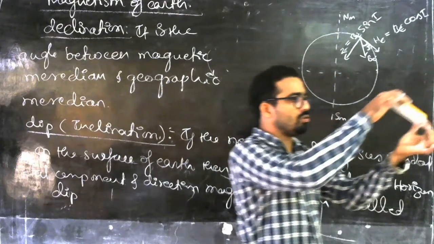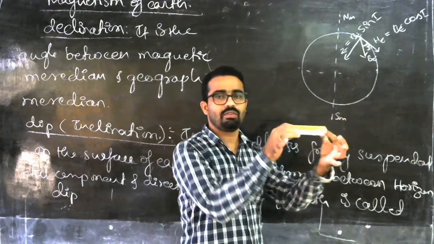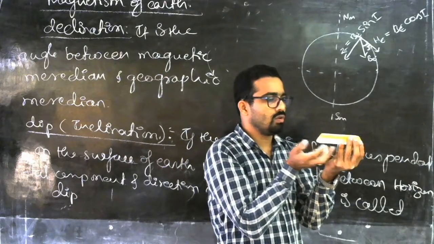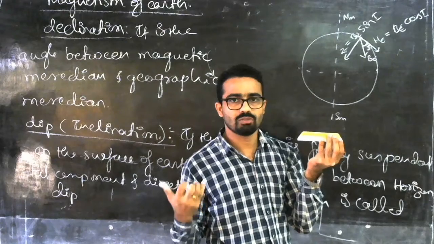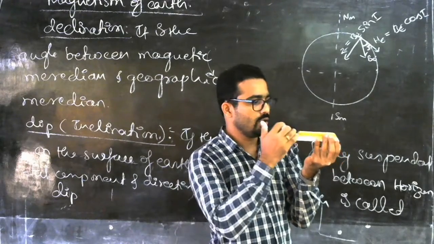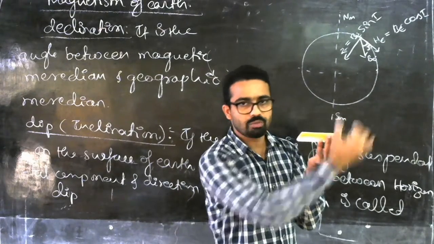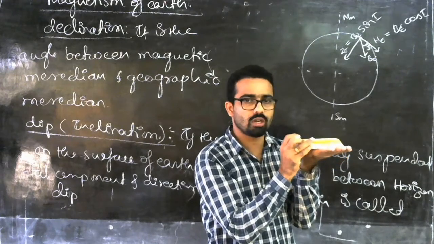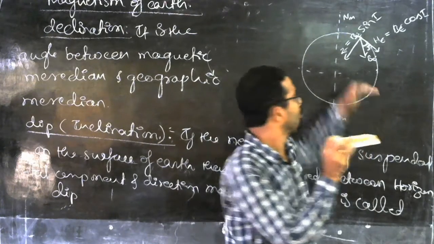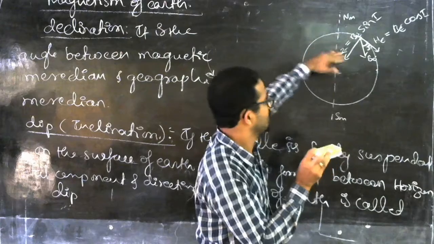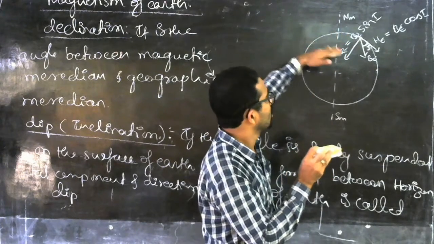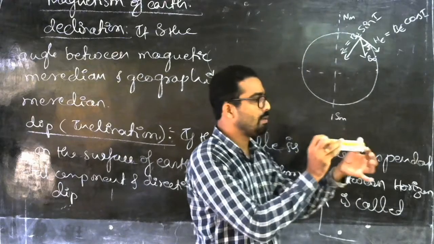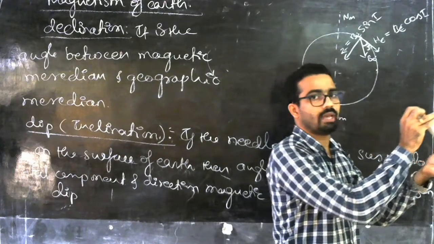When you come to the equator, this BE will be along the horizon. You have to imagine this. If you are moving towards one pole, let's say the northern hemisphere, it will go like this.